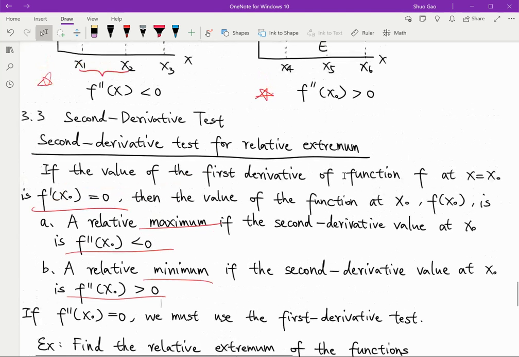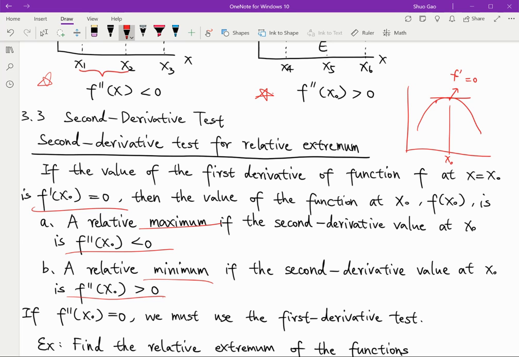So let's draw here. Suppose we have a relative maximum. At this point, x0, the first derivative f prime x is 0, so we said that it's a stationary point.